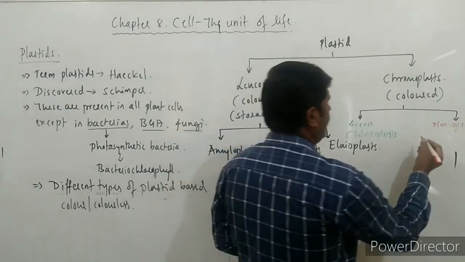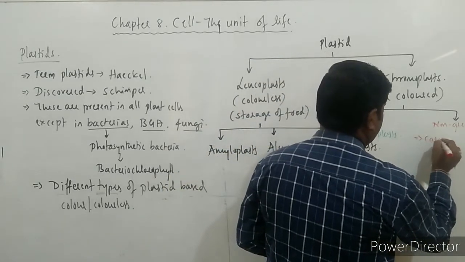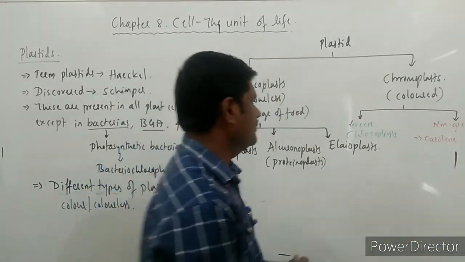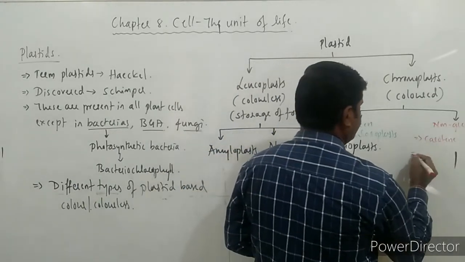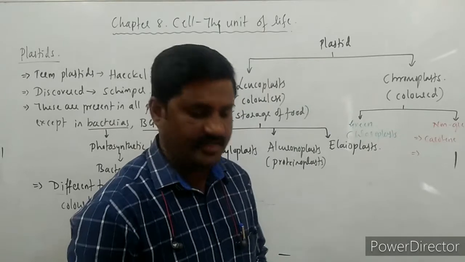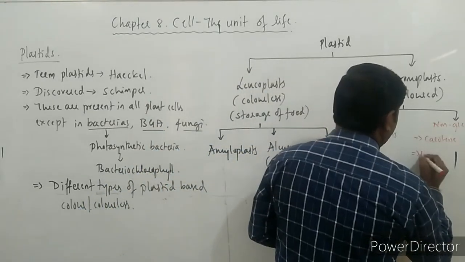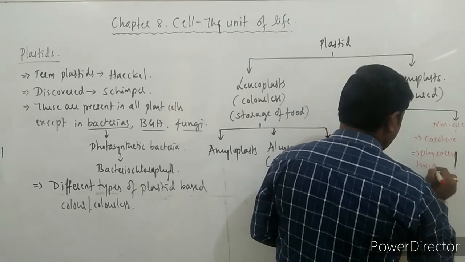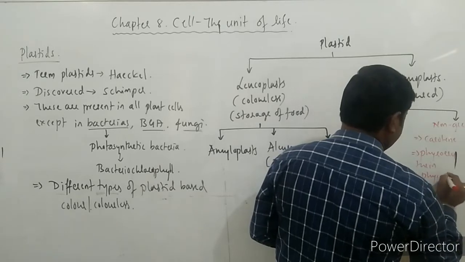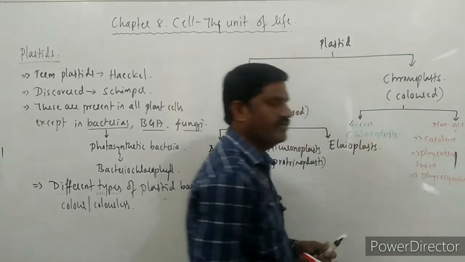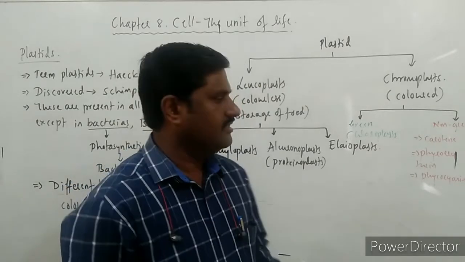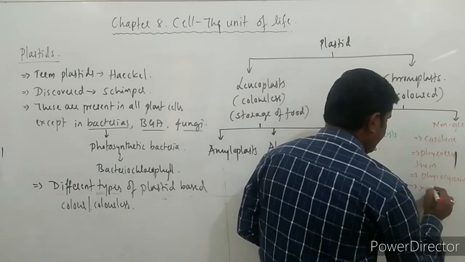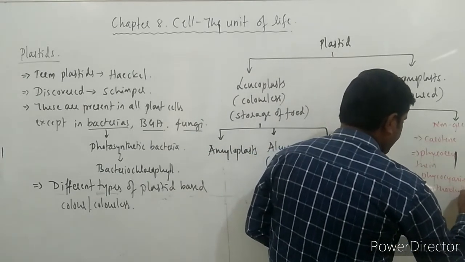So these plastids are of different kinds. One is carotene. Carotenes are one type of pigment, which are non-green in color. The second one is phycoerythrin, phycocyanin, carotenes, and xanthophylls.